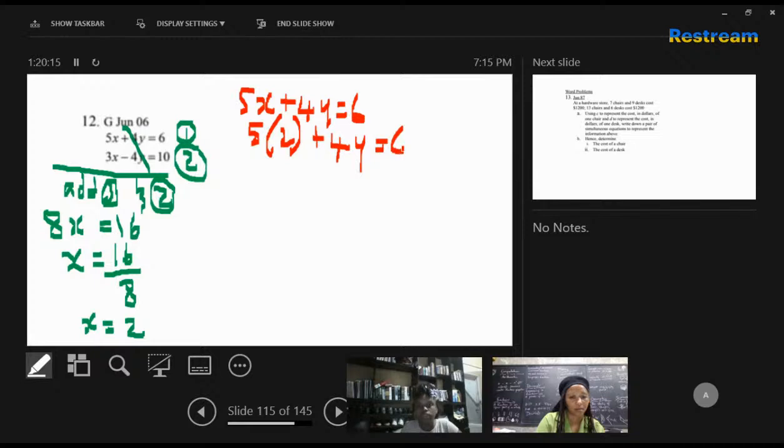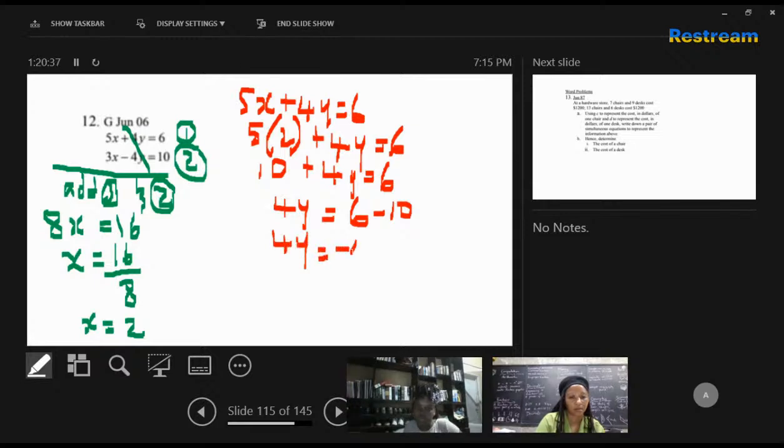So that would be 10 plus 4y equals 6, and 4y equals 6 minus 10. 4y would be negative 4. We divide both sides by 4, so y equals negative 4 divided by 4, and that would be y equals negative 1.